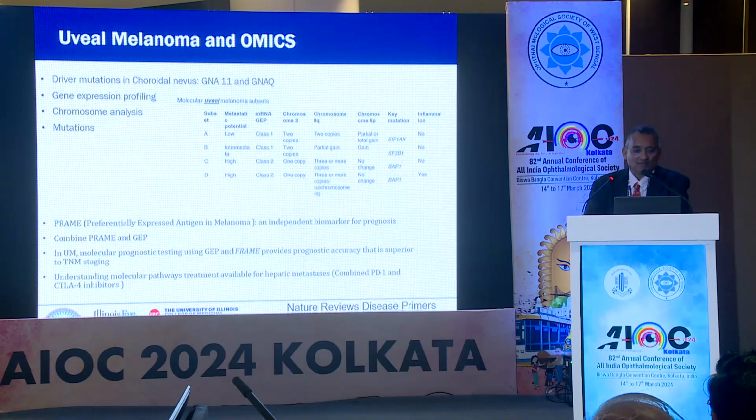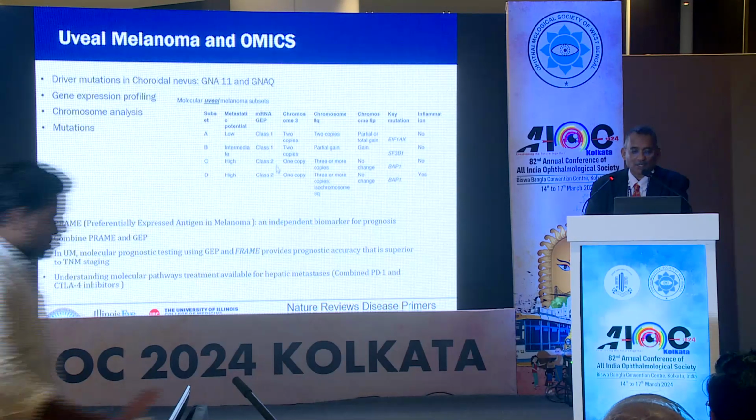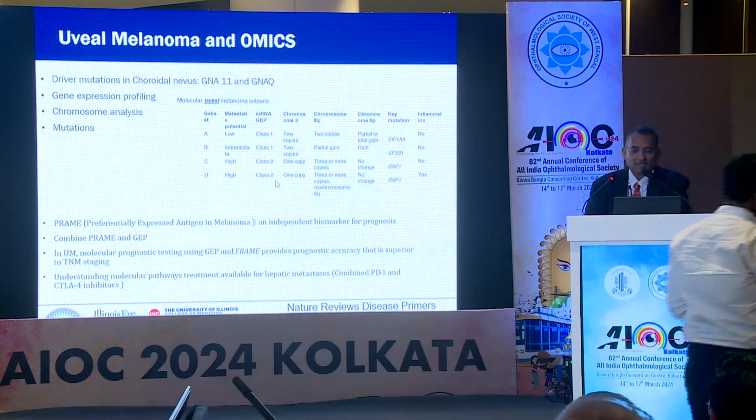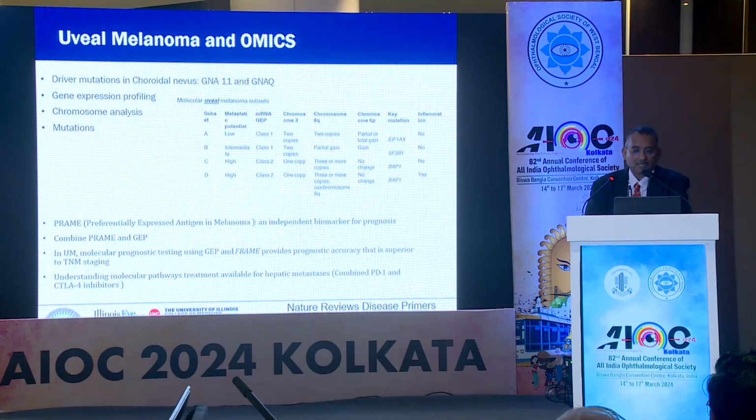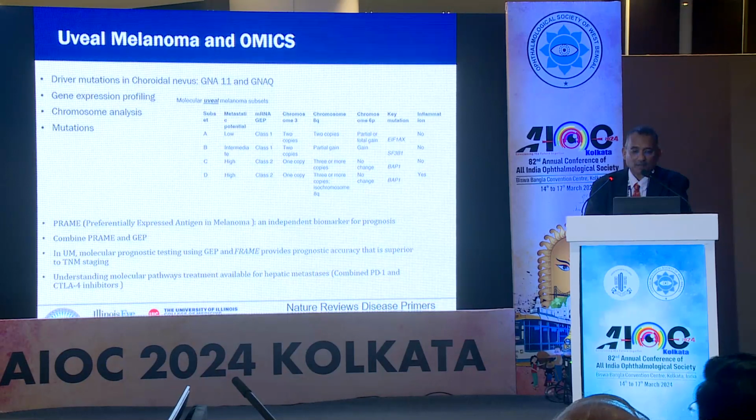We've known that there are new driver mutations for choroidal nevi, and then gene expression profiling, as shown in this slide, has pretty much dramatically changed the way we look at tumors, where you have class 1 tumors and class 2 tumors, and the metastatic potential for a class 1 is almost nil. So all you need is a fine needle aspiration biopsy to do this, and you're able to prognosticate this into class 1 and class 2 tumors.